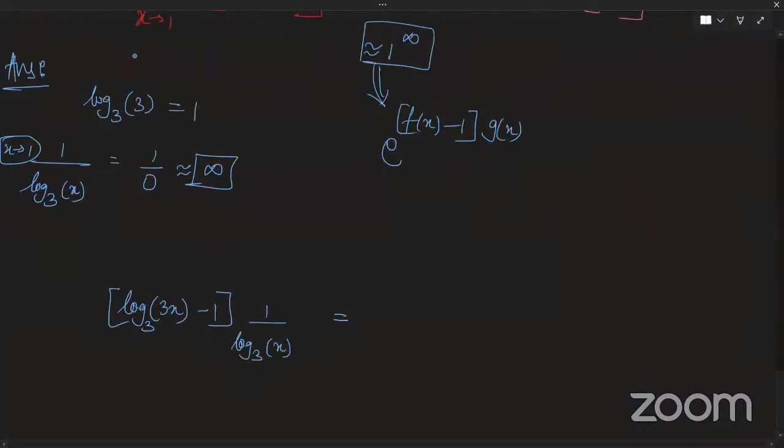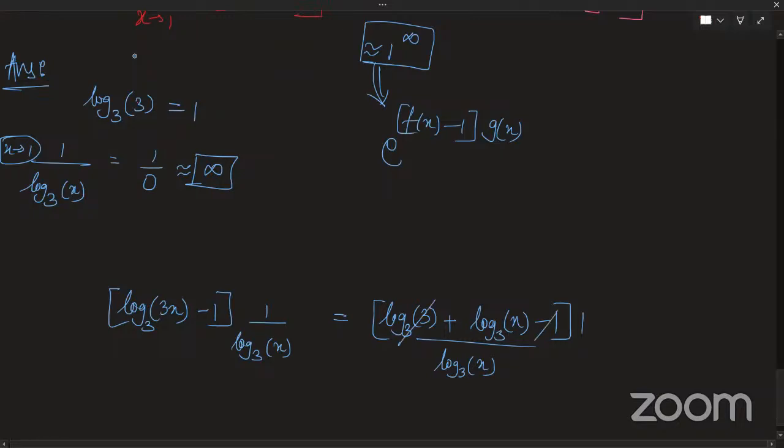So log of 3x can be written as log base 3 of 3 plus log base 3 of x, minus 1, into 1 whole divided by log base 3 of x. What is the value of log base 3 of 3? 1. So 1 and 1 got cancelled. So my final answer is 1.